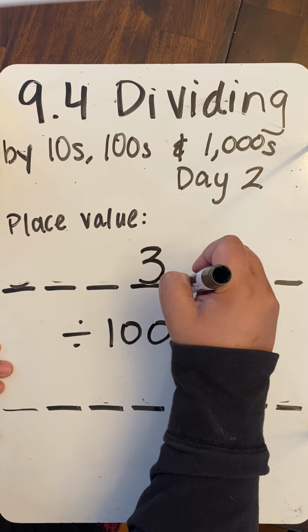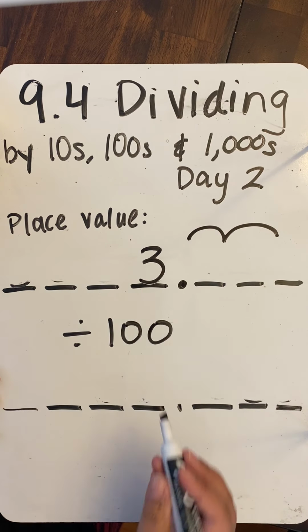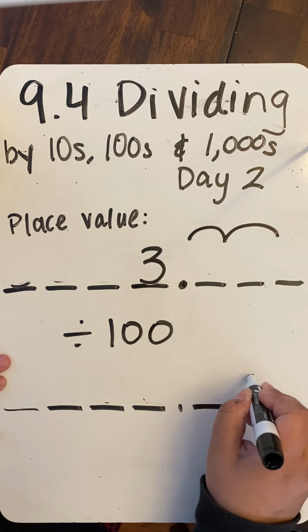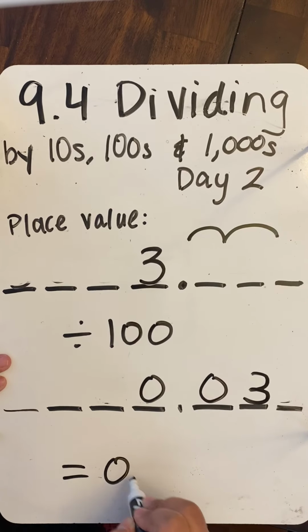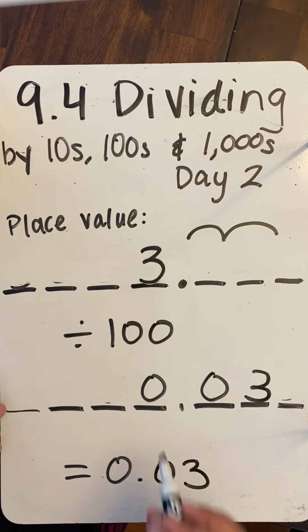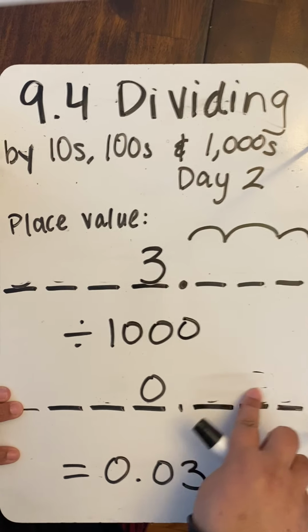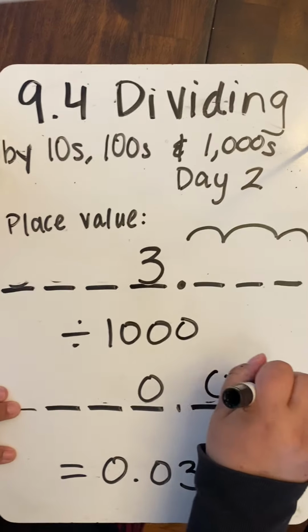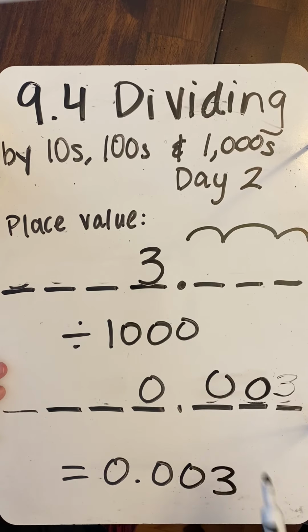So again, it's the decimal shifting 2 places, or you can think of it as the number shifting 2 places, and I have 3 hundredths. And now if I was going to do 1,000, it would shift 3 places, and I would have 3 thousandths.